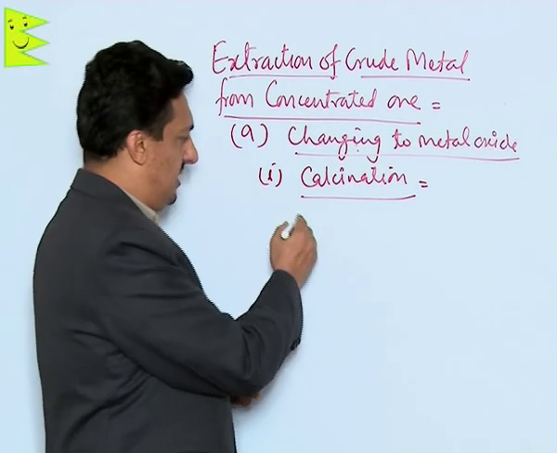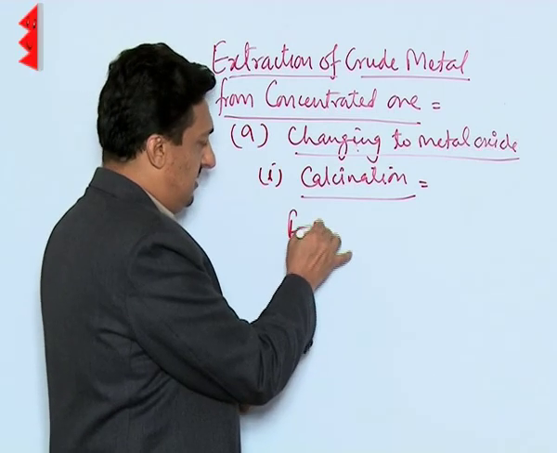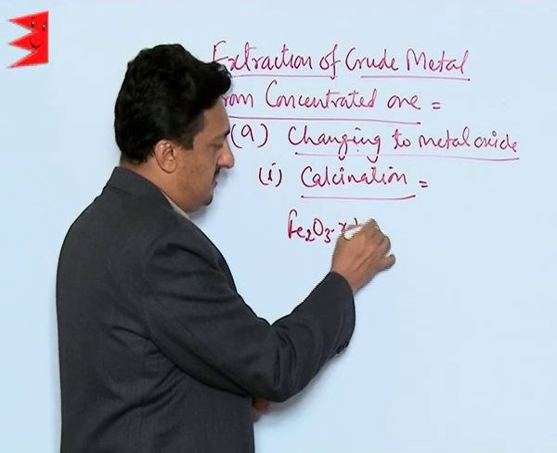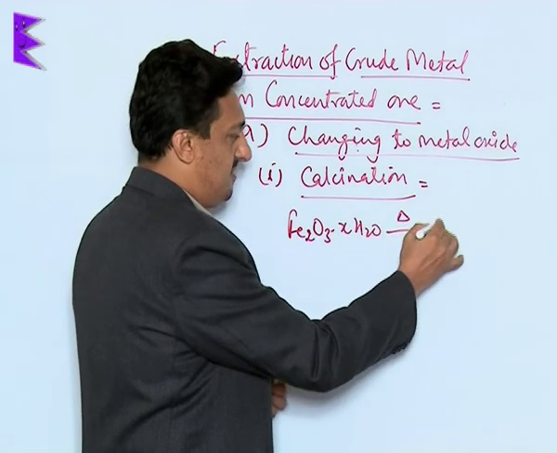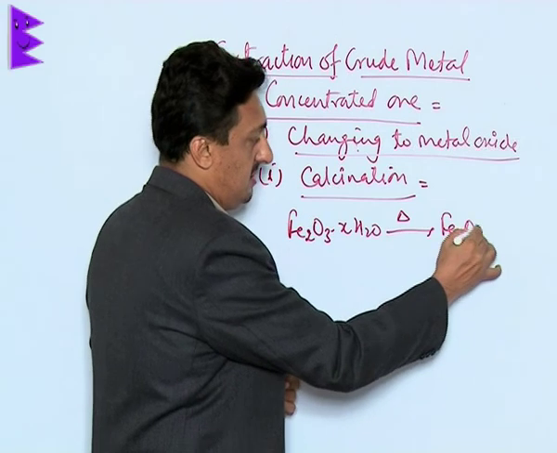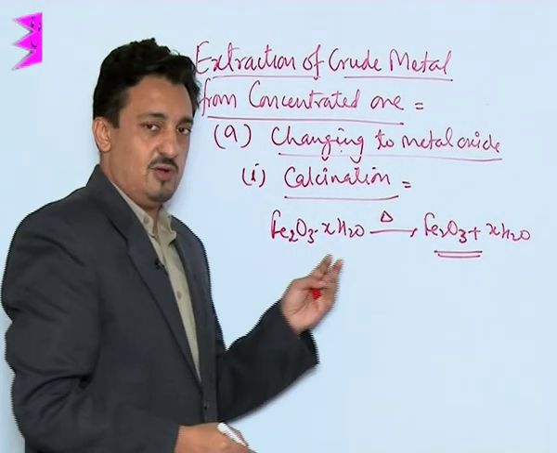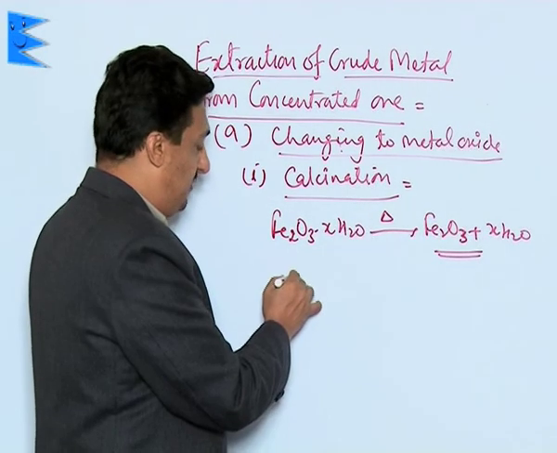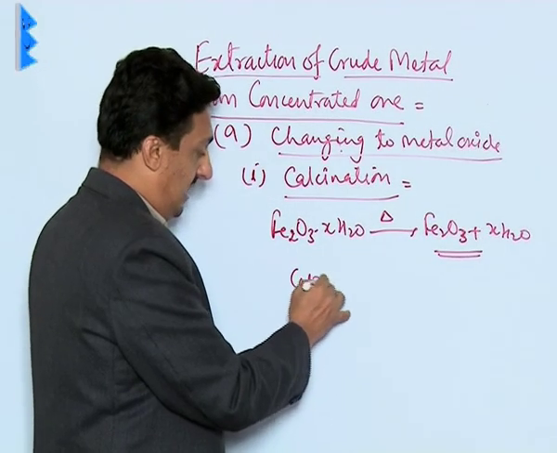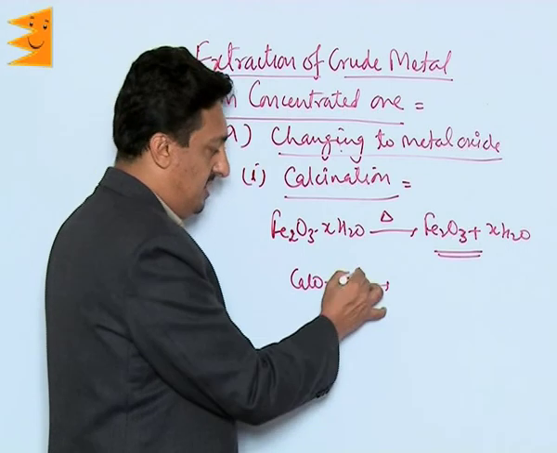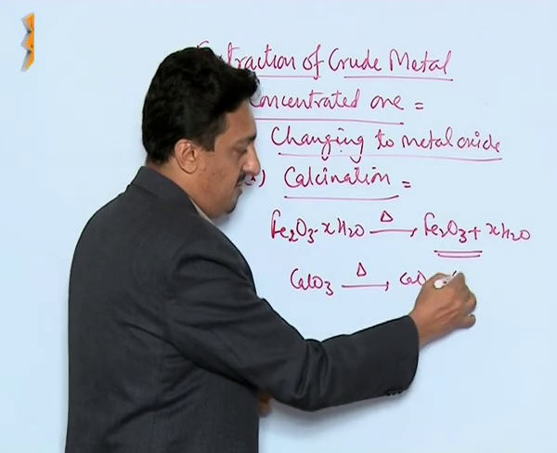We use a little bit of oxygen to oxidize volatile impurities like sulfur, arsenic, phosphorus, etc. Let us see how it is done. If we have hematite, Fe2O3.xH2O, when heating is done in the absence of oxygen, we get simple Fe2O3 as the water of crystallization is lost. Calcium carbonate, when heated, gets converted to its oxide.